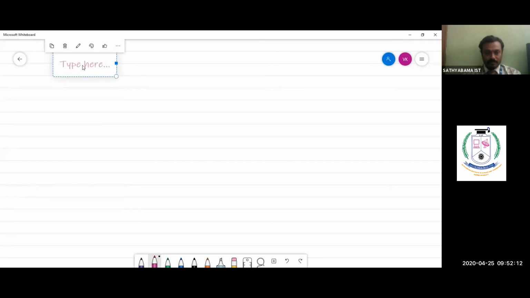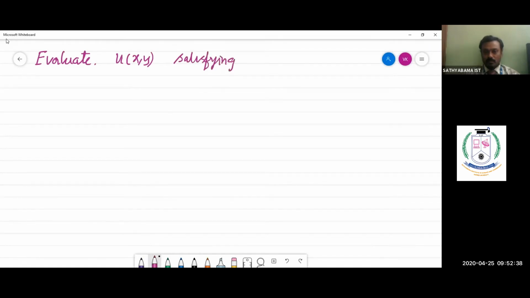Evaluate the differential equation u of x y satisfying the equation, the Laplace equation, del squared u is equal to 0 at the lattice points, given the boundary values as follows.